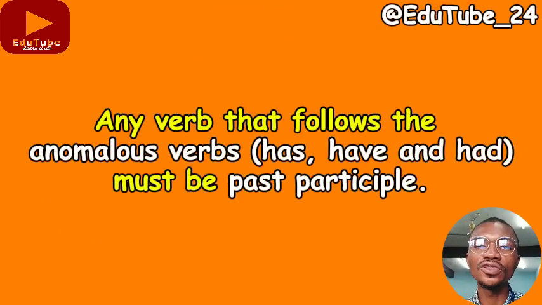Commandment number 6 says that any verb that follows the anomalous verbs, that is has, have, and had, must be past participle. Any verb that follows the anomalous verb must be past participle.